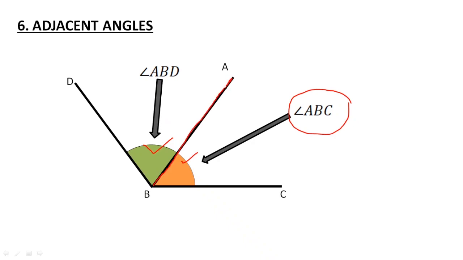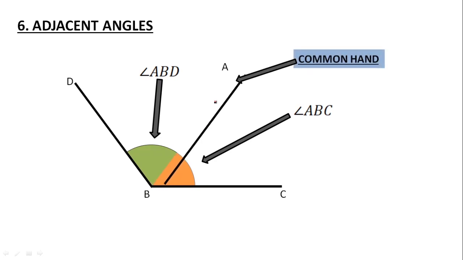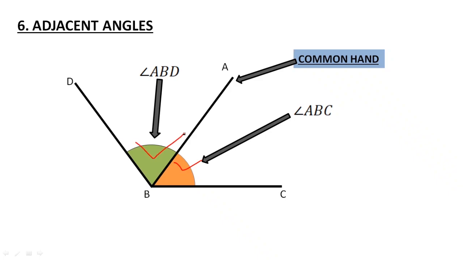If two angles have a common arm, a common line, then these two angles are known as adjacent angles.